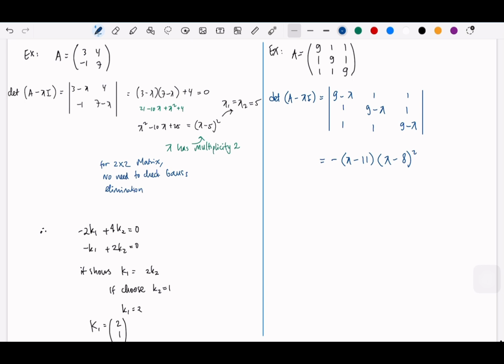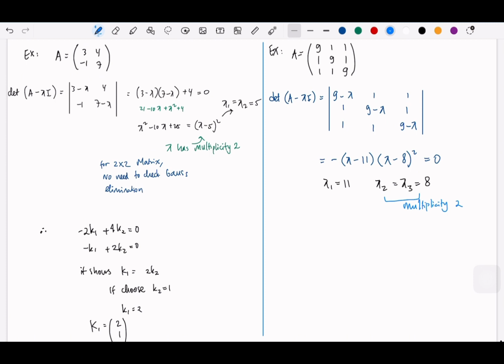So after some calculation with additions and subtractions, this should be equal to 0. So we are going to solve this polynomial, or it's already been solved. I think it's easy to see that lambda 1 is 11, and we see that we have the second lambda and the third lambda, which is 8. So we have a multiplicity here, multiplicity 2.